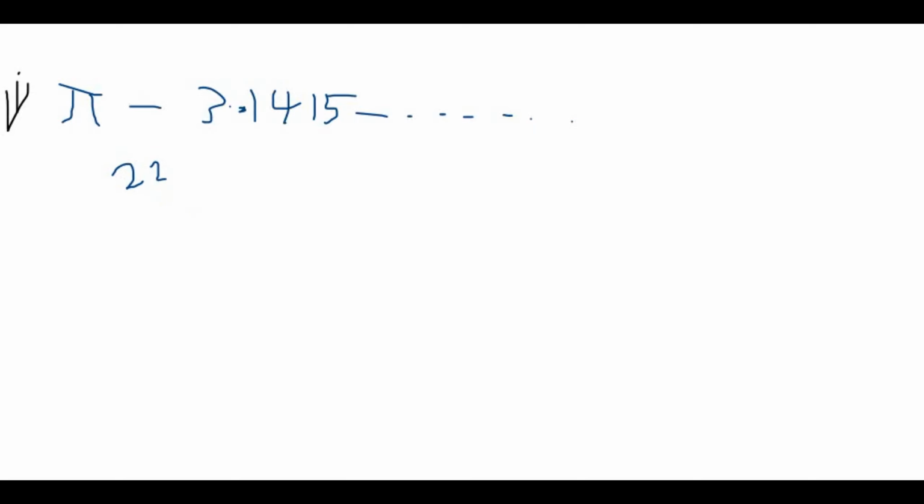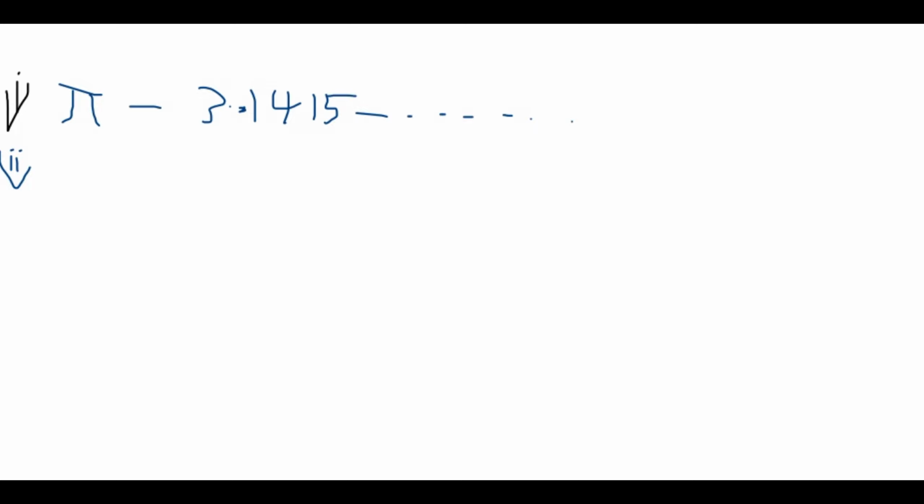Now, another category of irrational numbers I would like to discuss is non-recurring decimal numbers. Like pi, the decimals go on, but it's still not a rational number because it cannot be expressed as a fraction.